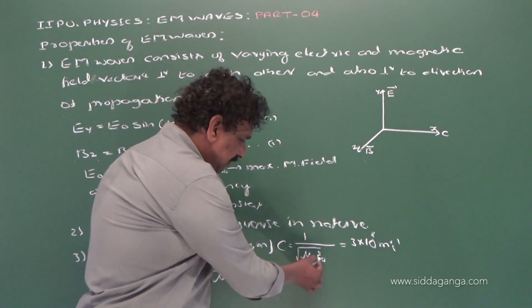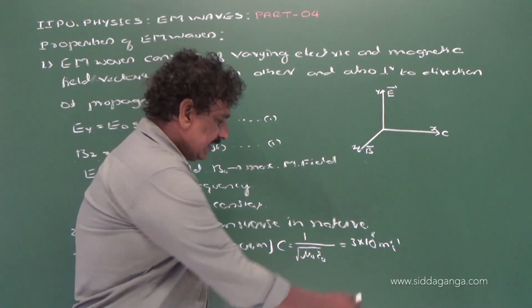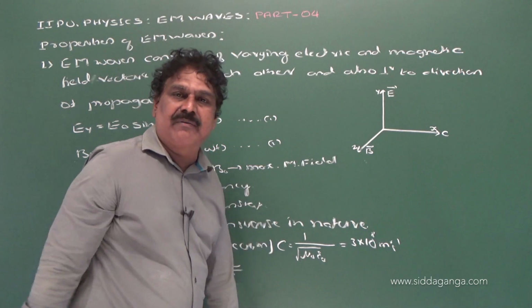When we substitute the values, we get 3 into 10 raised to the power of 8 meter per second.